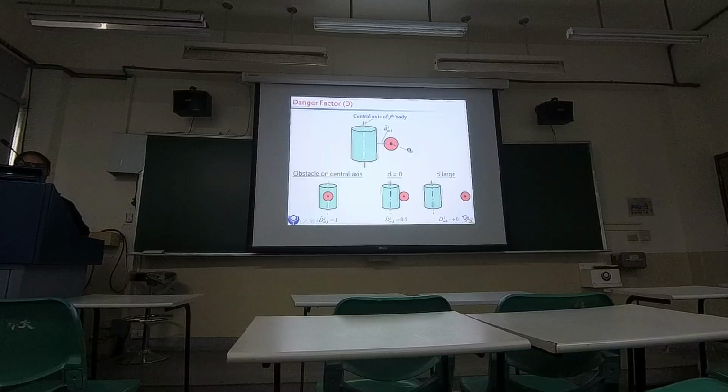If the obstacle is on the center axis, the danger factor is 1. If it's on the boundary of the safe region, just touching the border, it is 0.5. And if it is far away, then the danger factor is equal to 0. It's not always 0, it's equal to 0 when it is far away.